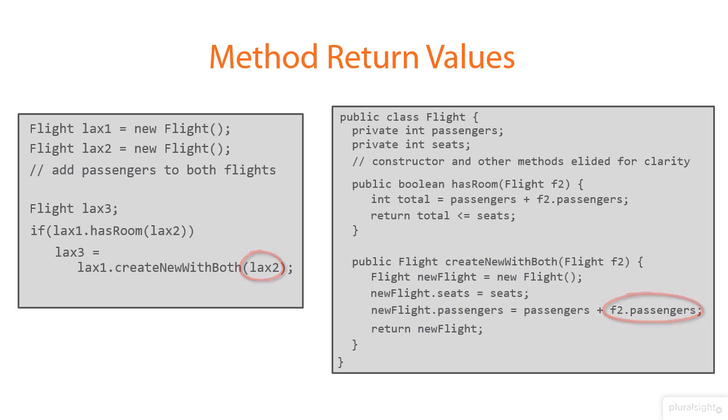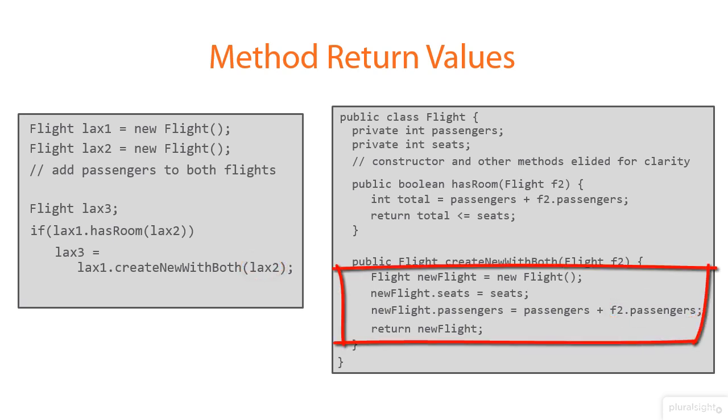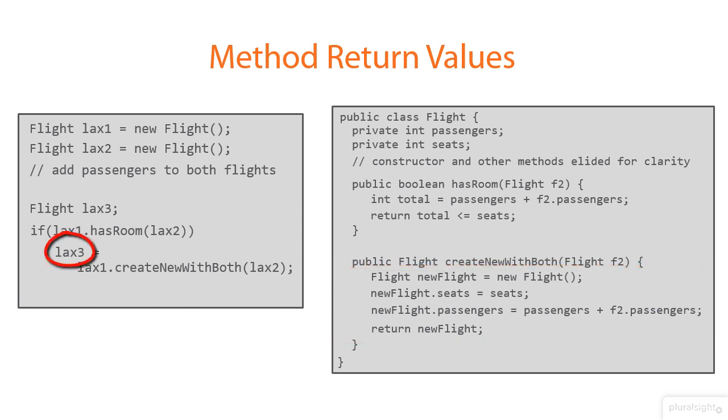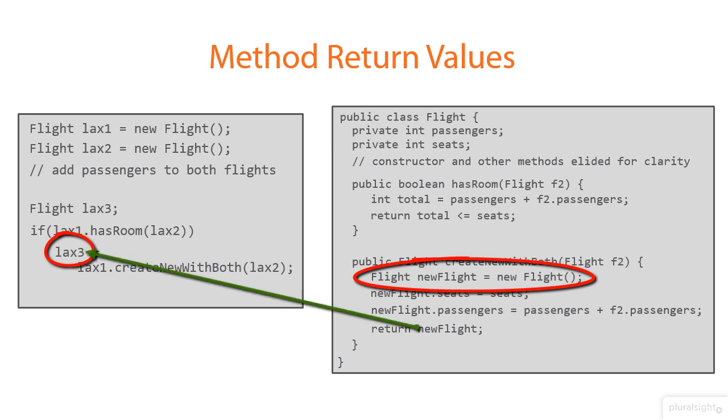So in this code, we create that new flight instance, assign it the number of seats from lax1, the flight reference we were called against, and then passengers is set to the value of lax1's passengers plus lax2's passengers. Then we return that new flight. So lax3 will receive a reference to that newly created flight instance returned from the createNewWithBoth method.